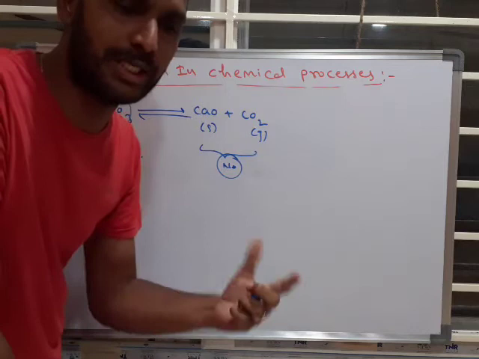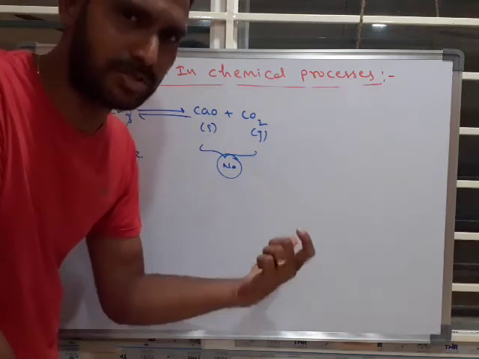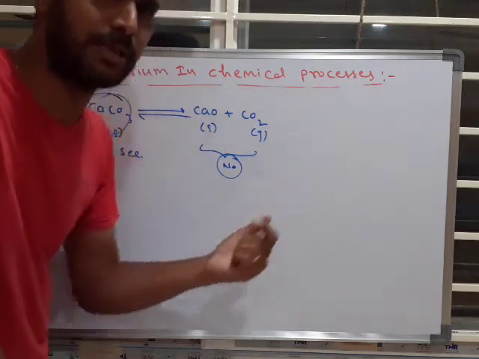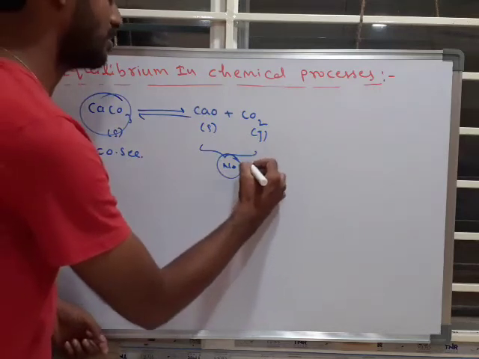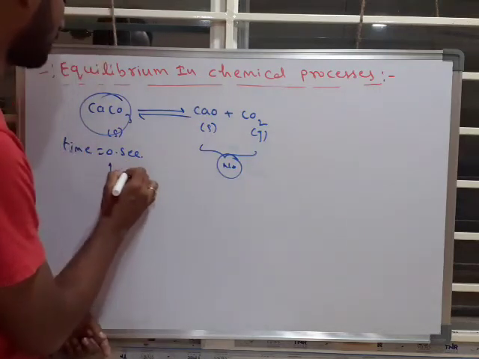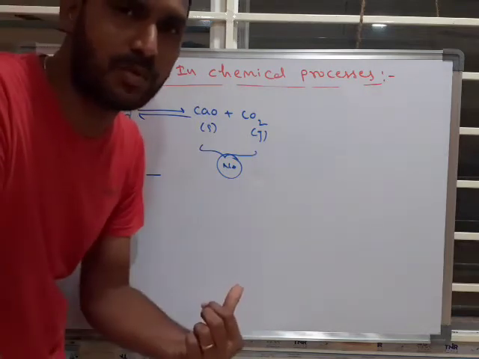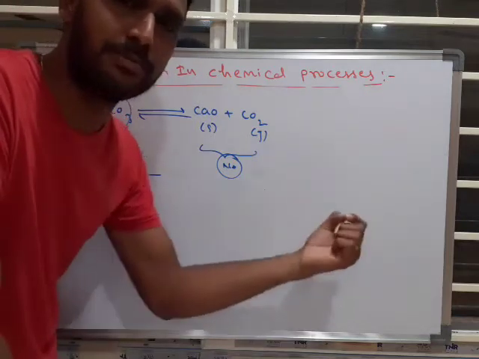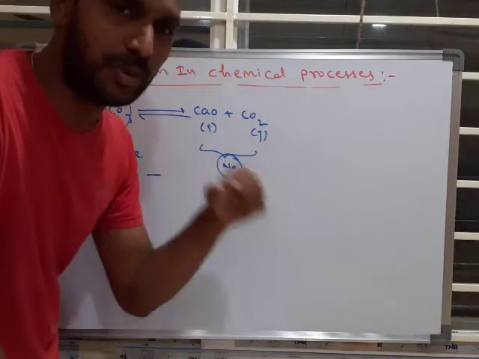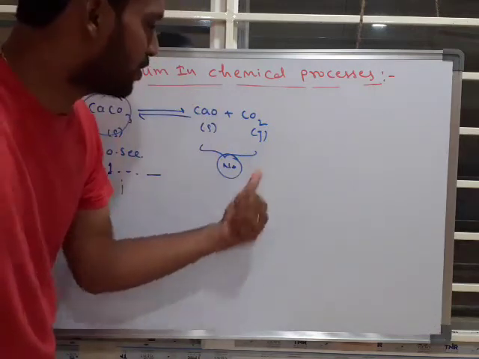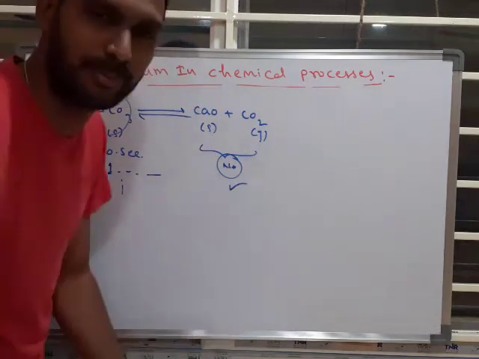As time goes on, the reaction proceeds. As the reaction takes place, the products slowly form, as 1 second, 2 seconds, time increases. So the reaction proceeds in the forward direction, and products are also formed.